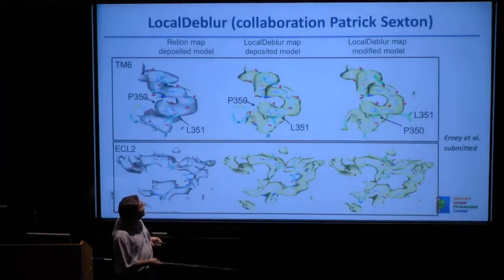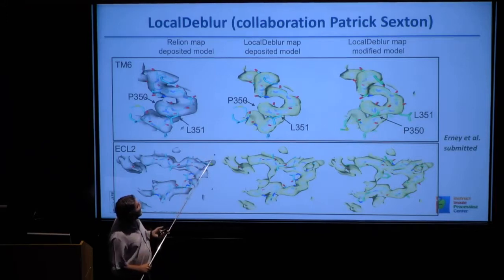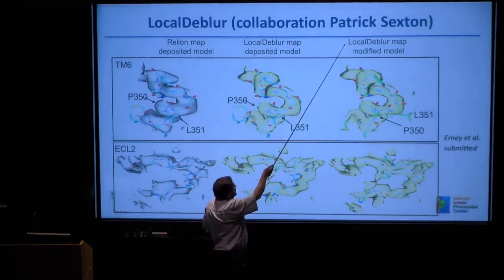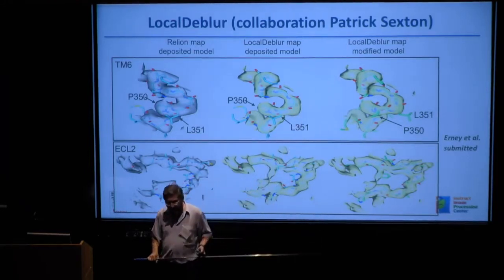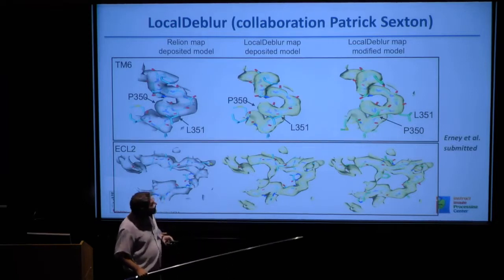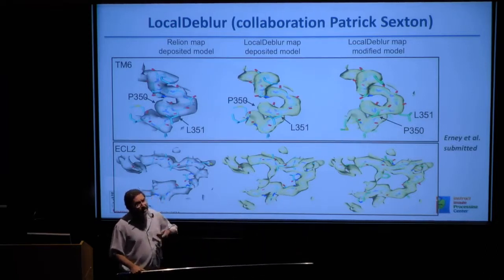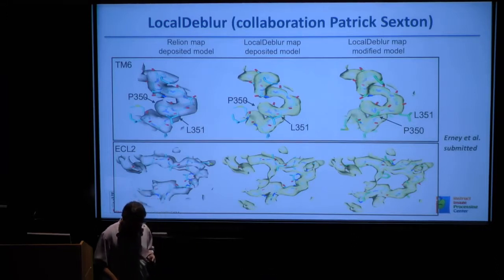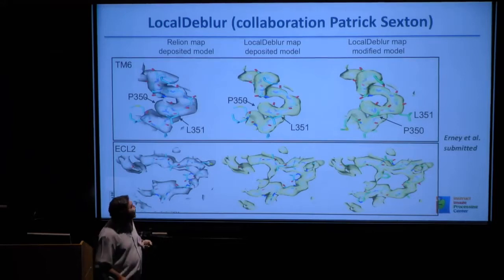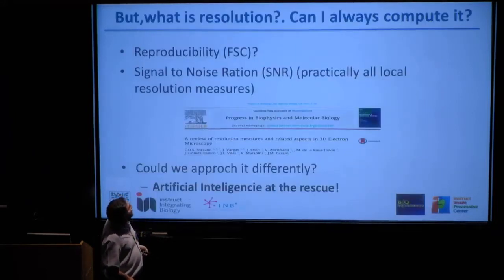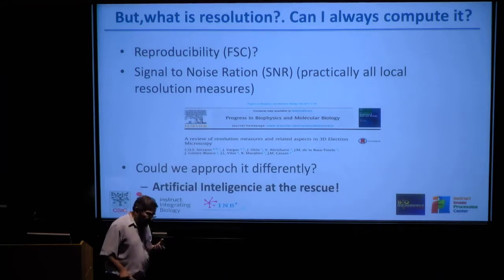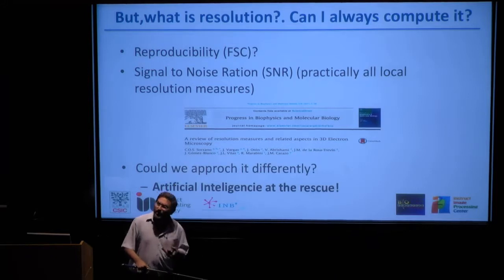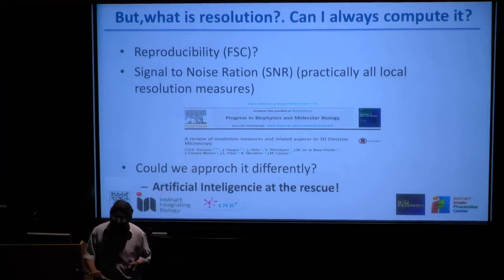In that collaboration with the GPCR, one of the many GPCR published in the last year and a half by Cryo-EM, had some influence in the tracing that in turn had influence in how the pharmacology was understood. So that is local resolution, the directional local resolution, as a new tool that has, I think, a very broad applicability.